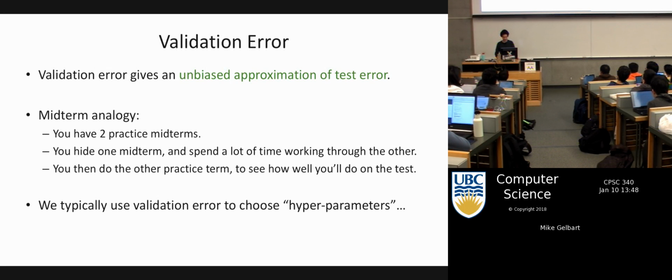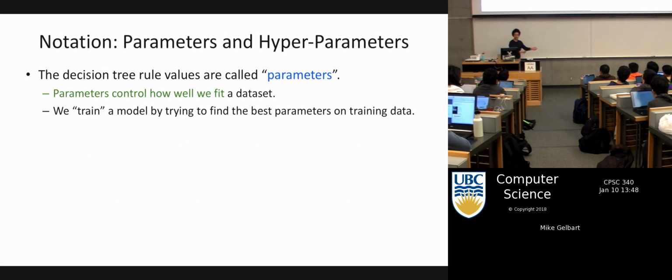Skip this. Hyperparameters, right. So we talked about parameters versus hyperparameters. In this case, the only hyperparameter we've seen is the depth of the decision tree. We will get more concrete about this in the next few classes, and you'll see more examples of what's a parameter and what's a hyperparameter.